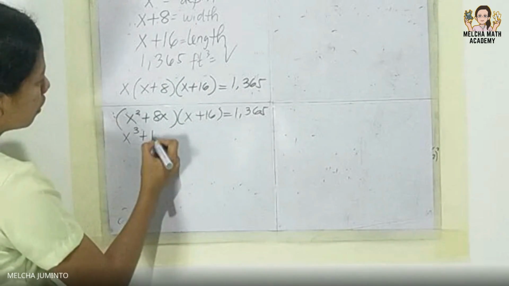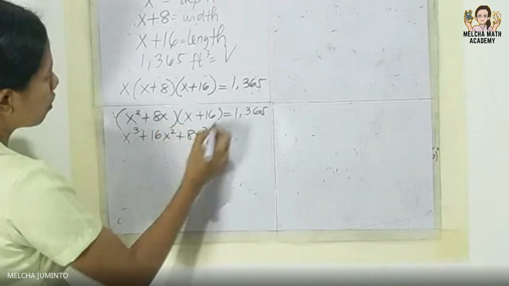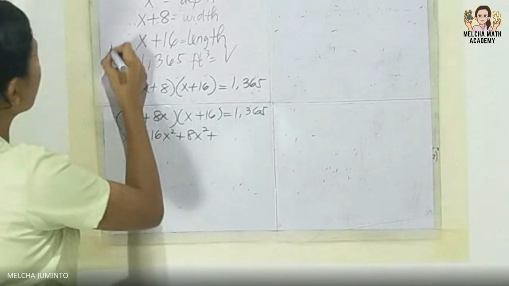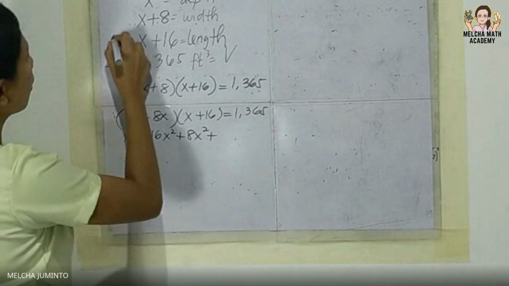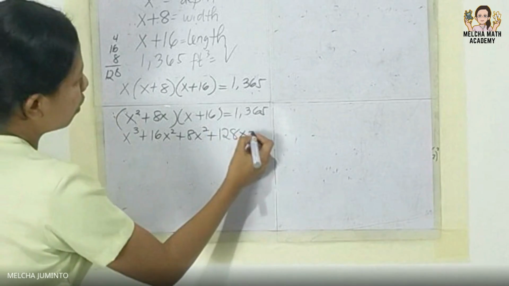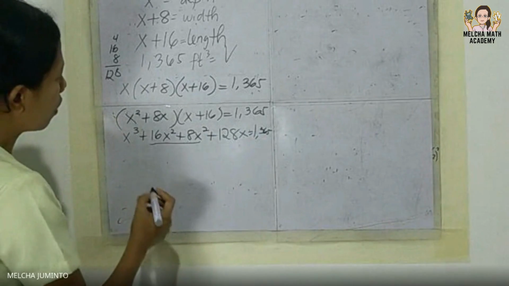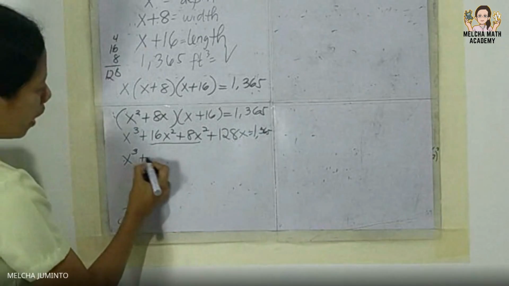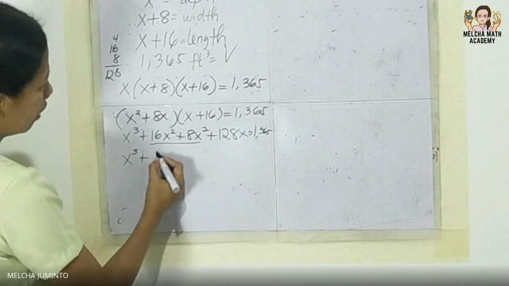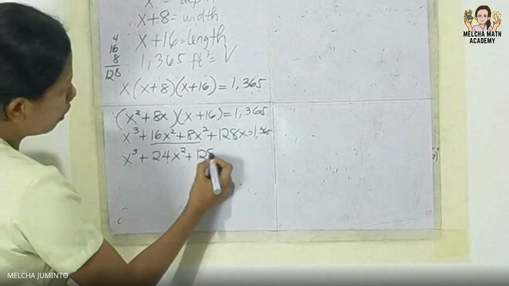Outer terms, 16x squared. Inner terms, 8x squared. Last terms, 16 times 8, 128. Then 128x equals 1,365. Combine the 2 terms which are similar. We have x cubed plus 16 plus 8 equals 24x squared plus 128x.